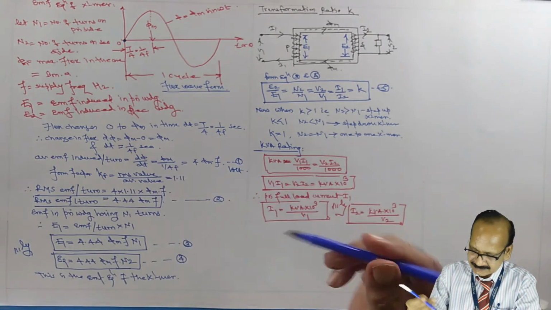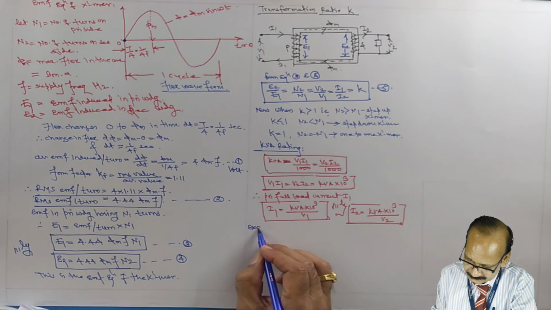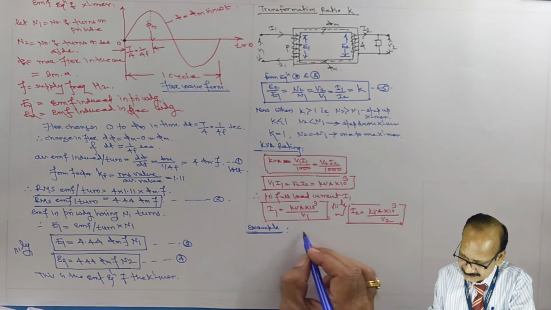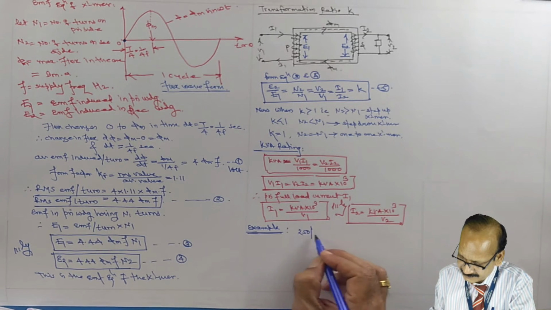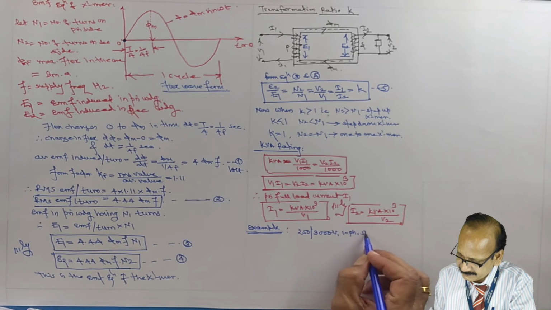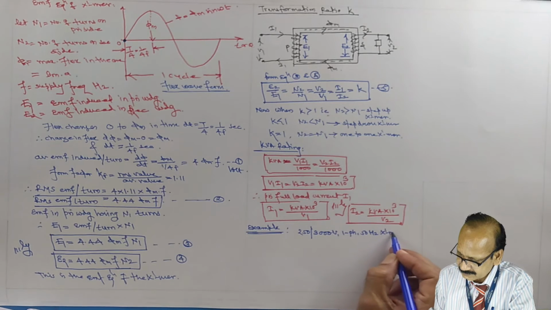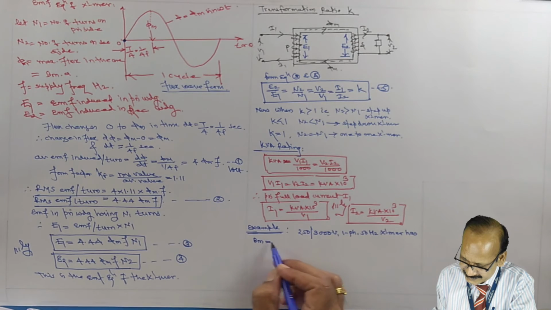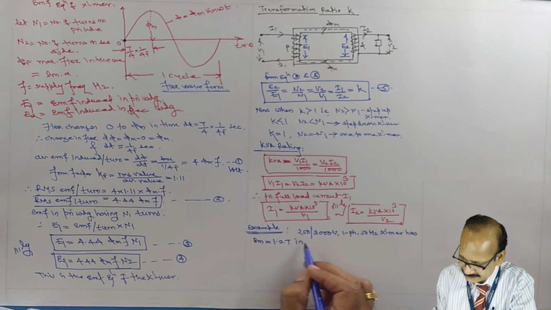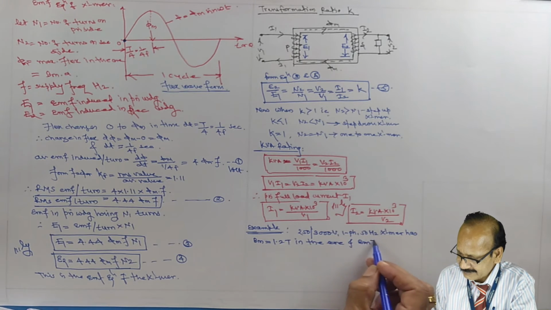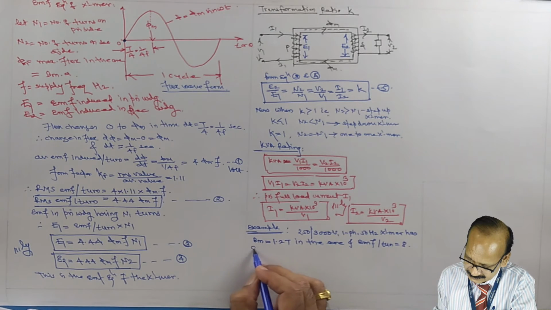Now let us have one example. Consider a step up transformer, say 250/3000 volt, single phase, 50 Hz transformer, which has maximum flux density Bm equal to 1.2 Tesla in the core and EMF per turn equal to 8.